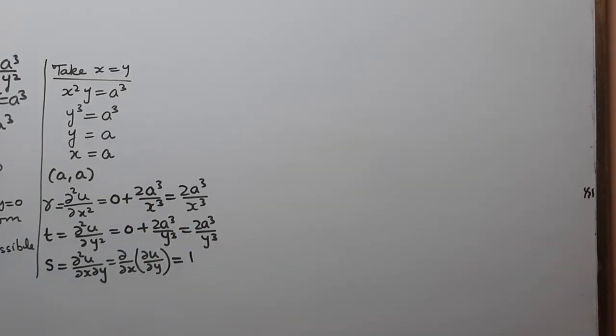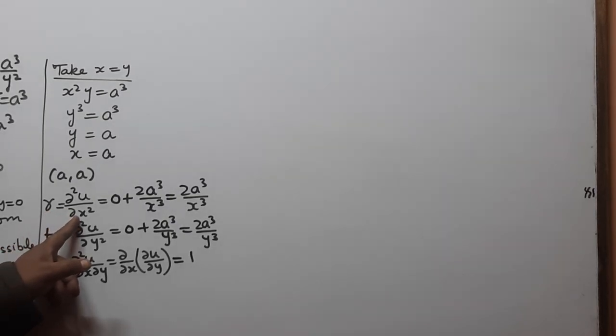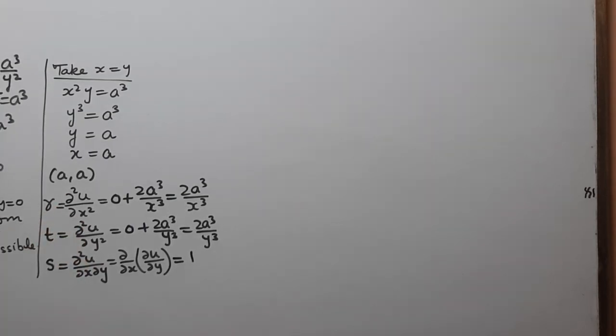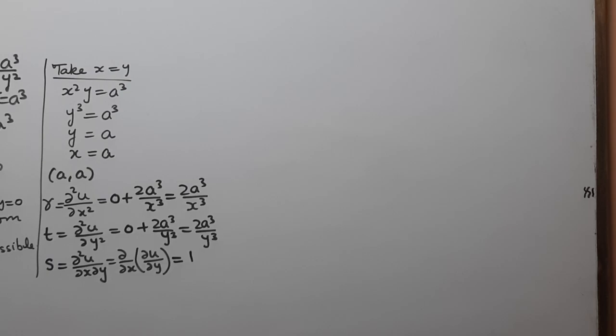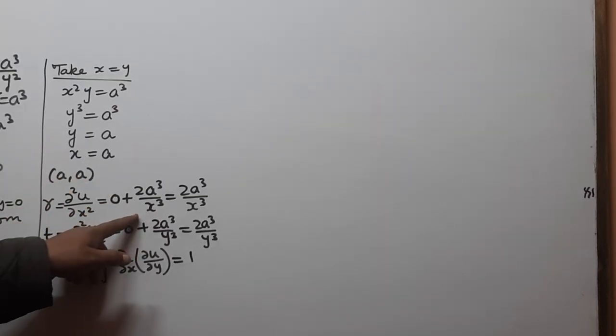So here you can see r is the second order partial derivative of u with respect to x, which is 2a cube upon x cube.